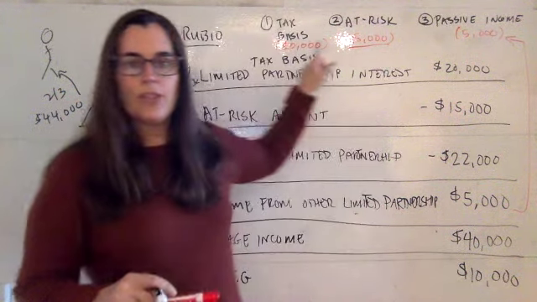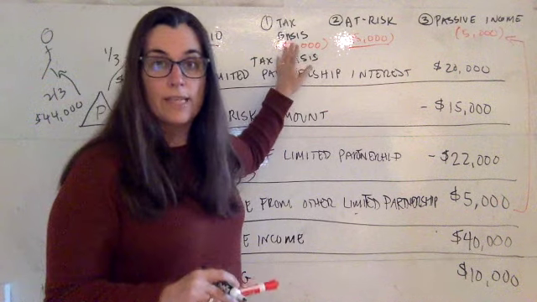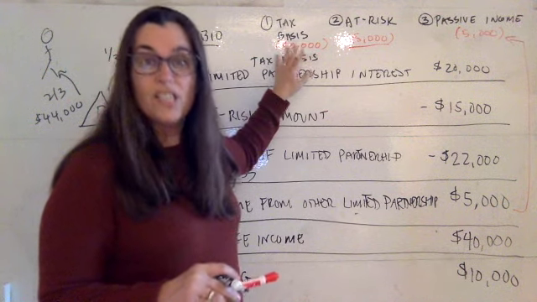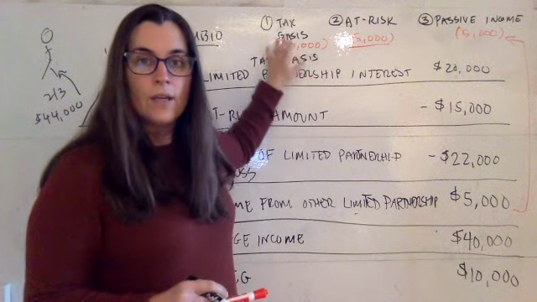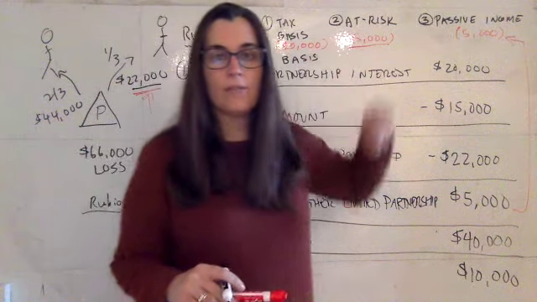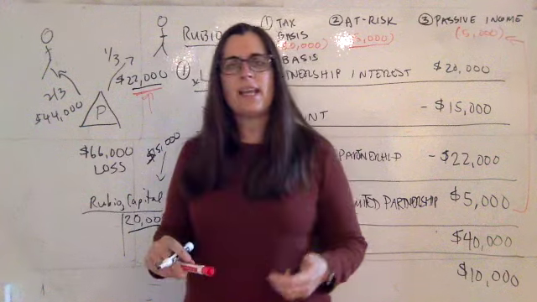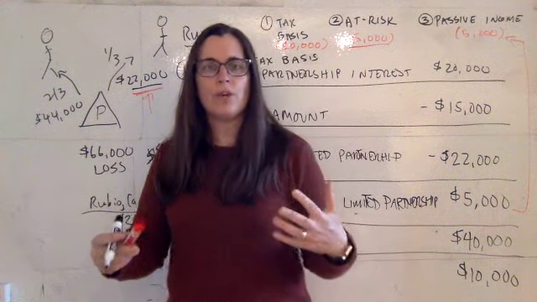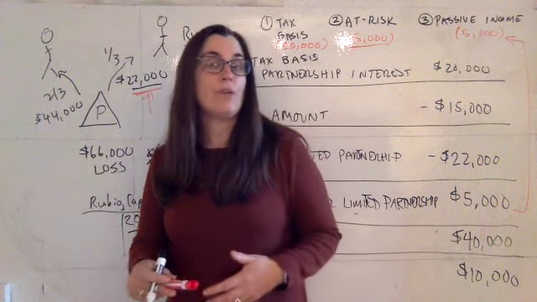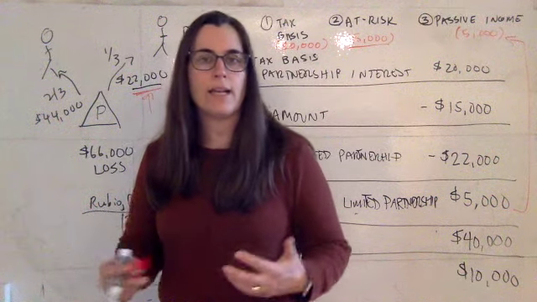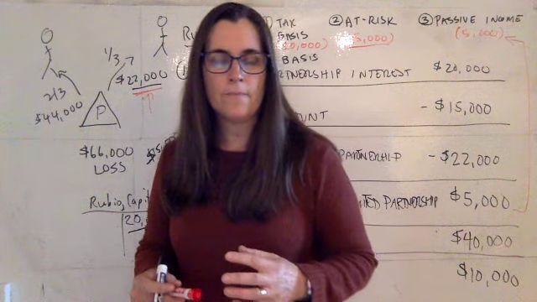And when we talk about these three rules, the loss limitation rules, what we're talking about are deduction limitation rules, okay? Tax basis, at-risk, and passive income rules are the loss limitation rules. And what we're really trying to say is how much of Rubio's loss, how much of Rubio's deduction can be recognized on his tax return, okay?